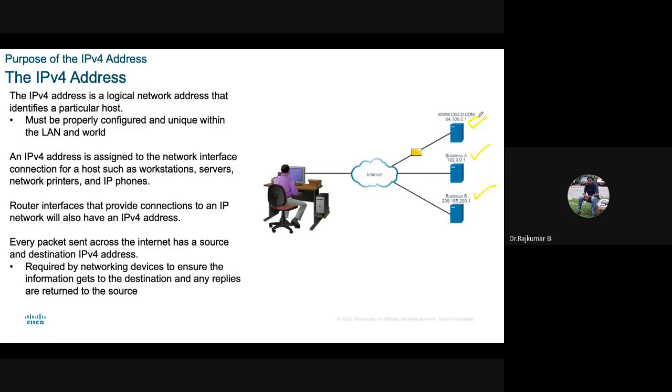The cisco.com server has 64.100.0.1, business A has 192.0.0.1, and business B has 209.165.200.1. So every packet sent across the internet has a source and destination IP address.